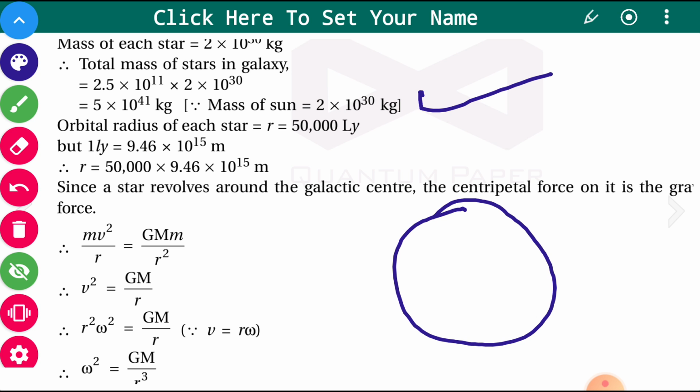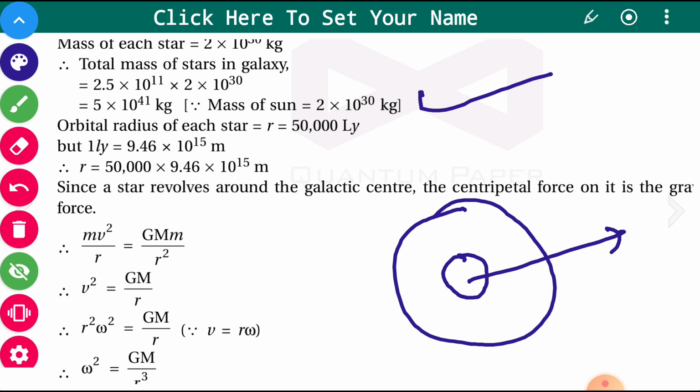So the center of the galaxy must have the total mass of all the stars in the galaxy, otherwise those stars will not revolve around the galactic center.